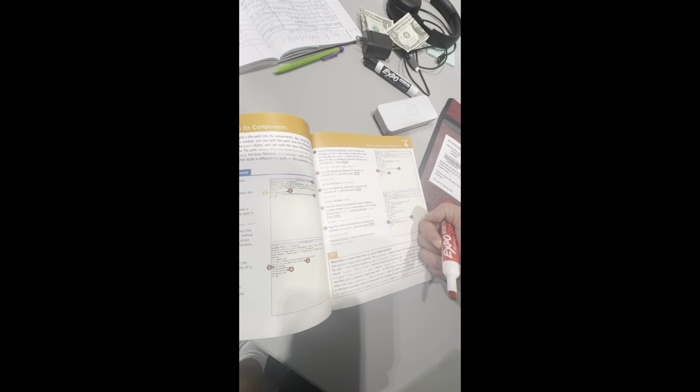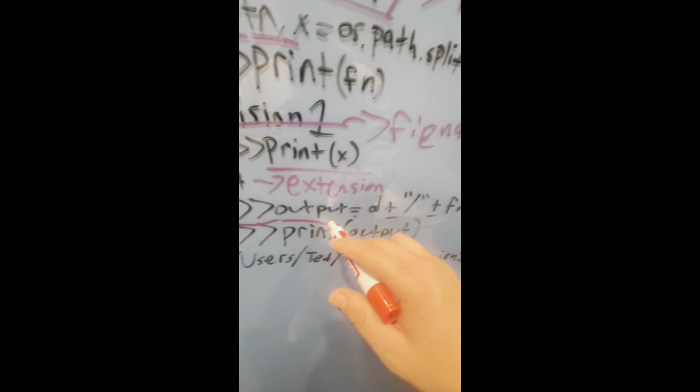Okay, so we are right here. The variable name output is assigned a string formed by d, f, and a slash and the extension .rtf. So I don't really know what that slash is doing, but so we're creating that string and we're assigning the result to the output variable, right?